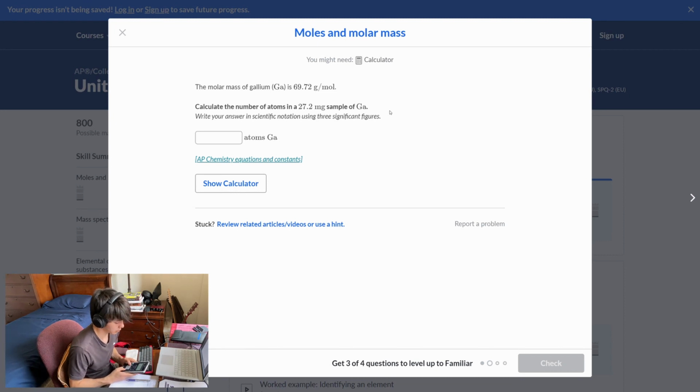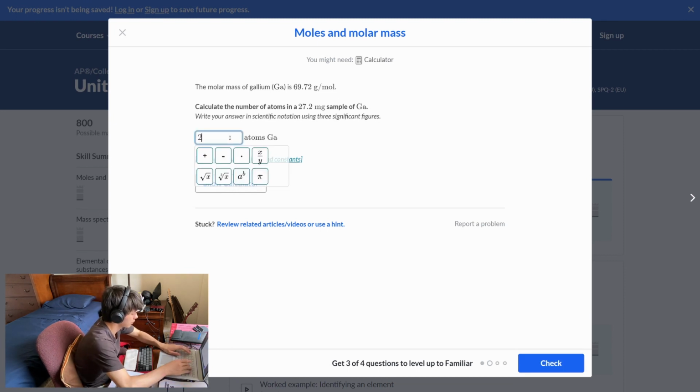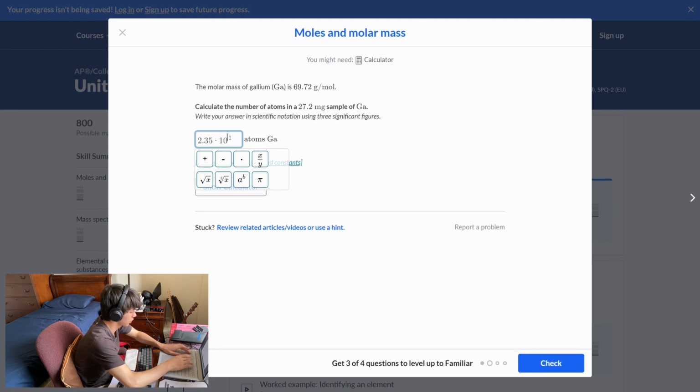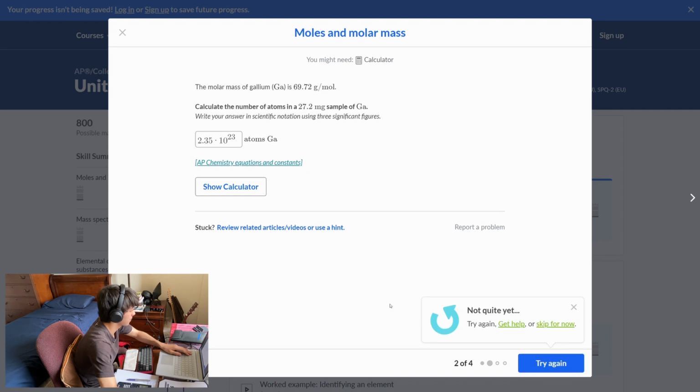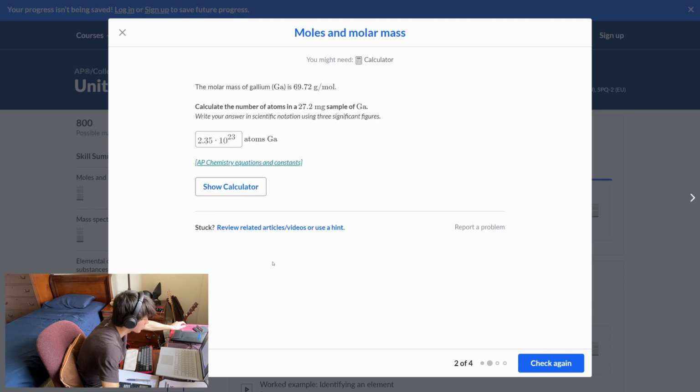And we want the number of atoms, so multiply by 6.022 times 10 to the 23, Avogadro's constant, and we get 2.35 times 10 to the 23. That's the number of atoms.